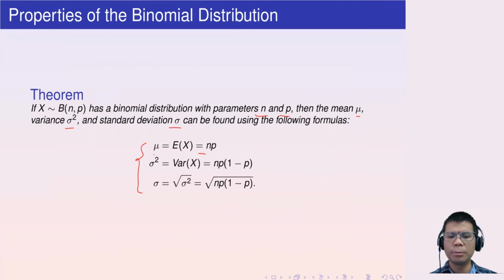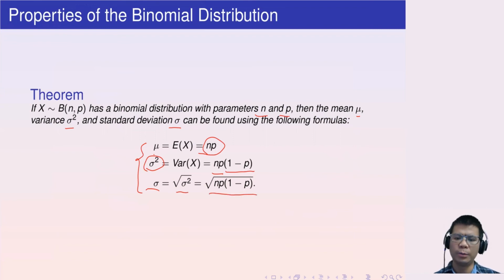Mean is simply n times p. Variance is n times p times 1 minus p. And the standard deviation is simply the square root of the variance, the square root of np times 1 minus p. So if we're using these, we can easily find the mean, the variance, and the standard deviation.